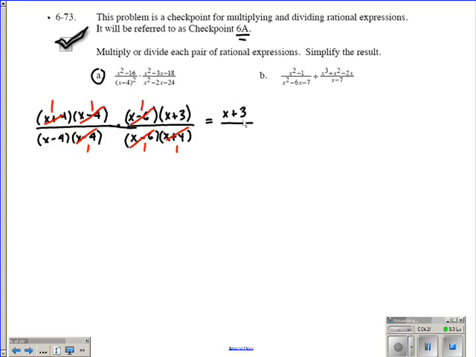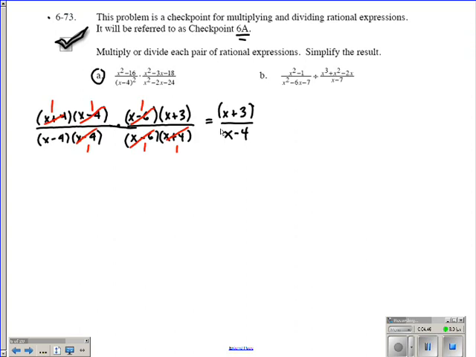If you want to keep it in parentheses, that's fine. If that helps you not make this next mistake that I'm going to talk about here, I would do it. The quantity of x minus 4 times 1 times 1 times 1 is going to be x minus 4. That mistake I'm talking about is this. You cannot cancel these x's out. They are not factors. The factor here is the quantity of x plus 3.